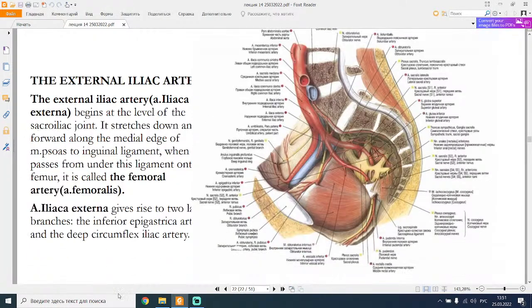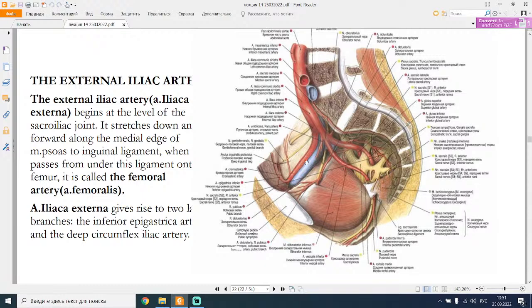The external iliac artery, arteria iliaca externa, begins at the level of the sacroiliac joint.